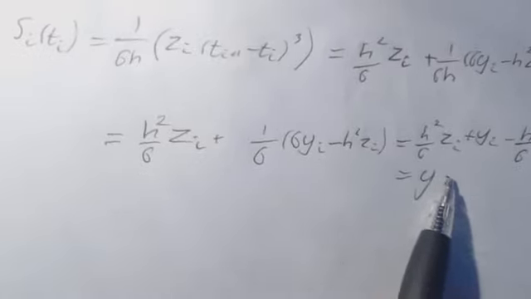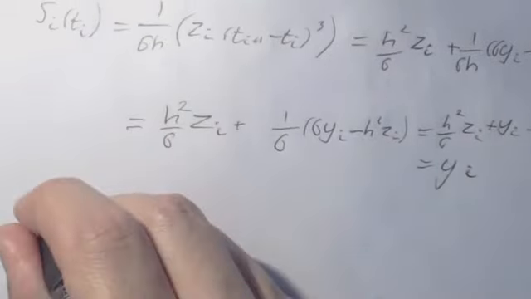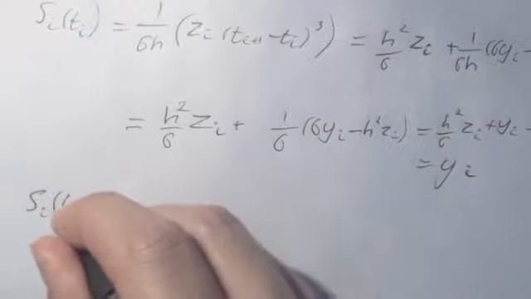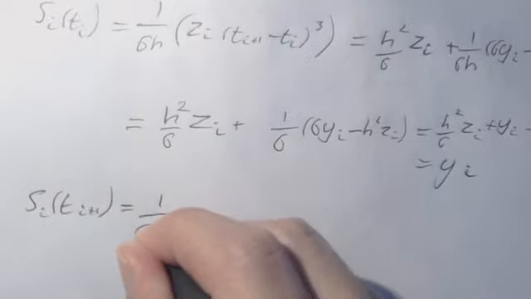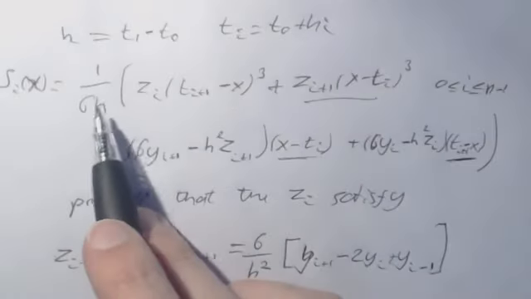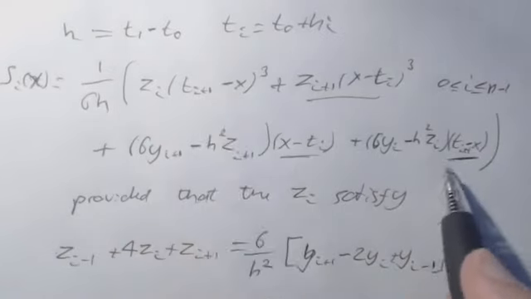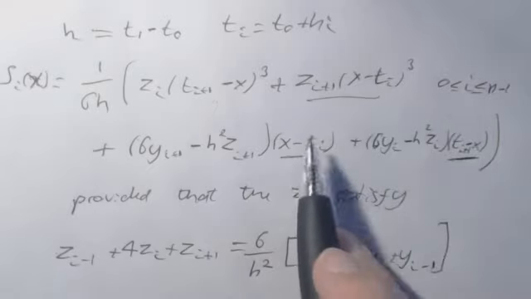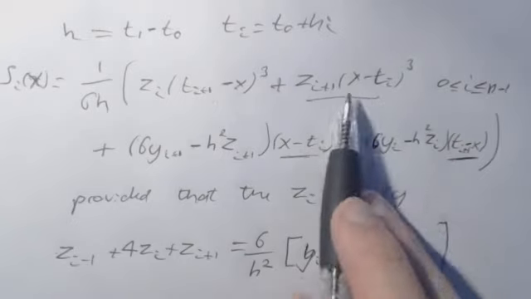Okay, so now I'm going to plug in i plus 1. So Si at Ti plus 1. What we're going to get is 1 over 6h. Let's have a look at our equation again. This is going to be 0. This is going to be 0. So we're only going to be interested in these two terms.